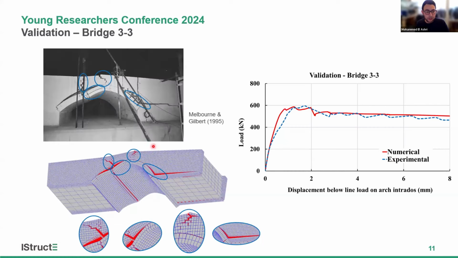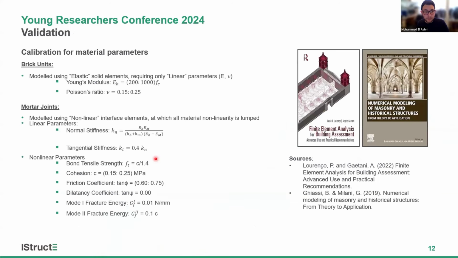In addition, here we have the spandrel walls. The experimental crack pattern was in good agreement with our numerical model, capturing the main features of the failure mode. To ensure consistency within our numerical models and for the calibration of our material models, we used some material properties obtained from the material tests performed within the experimental program.